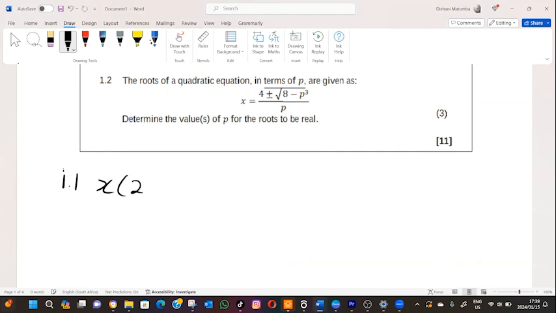Now, this is very easy because we deal with factors. This will be x minus 0 into 2x minus 3.